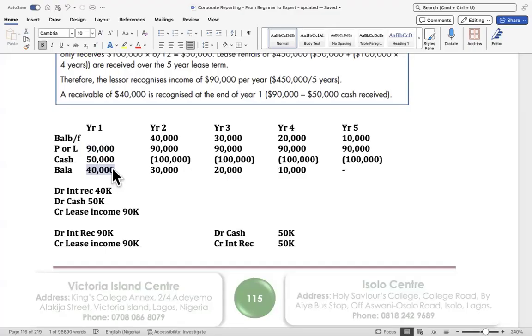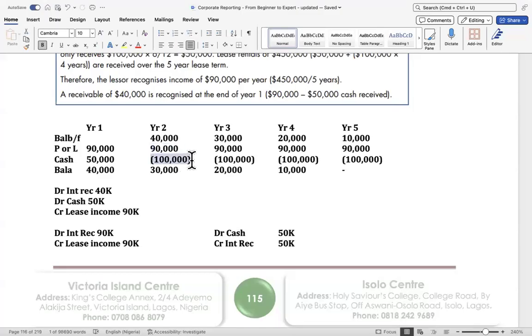Either one is fine for this type of scenario. Since it's an asset item, this 40K will be carried forward. So in the second year, I would also recognize 90K. So I'm expecting 40K plus 90K, which is 130K.